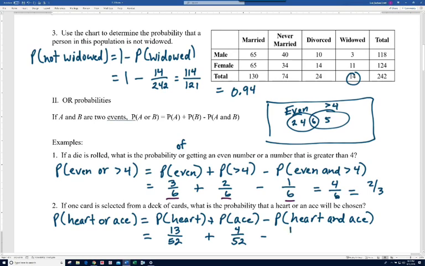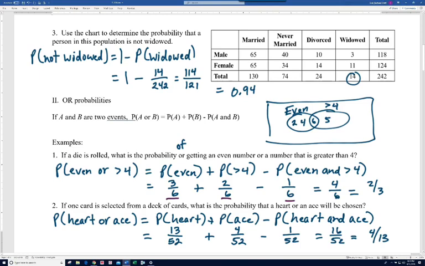There's only one ace of hearts out of 52 cards. So what's that? 13 and 4, 17 over 52 minus 1 is 16 over 52. And if you reduce that, that reduces to 4/13. Just divide the numerator and denominator by 4.